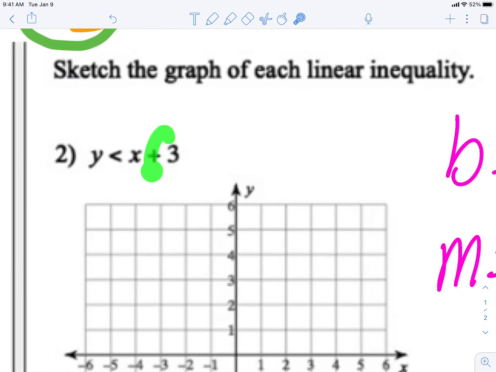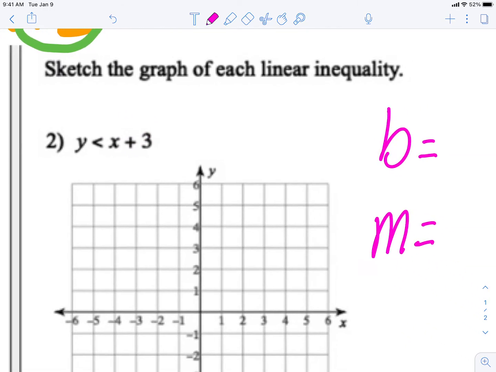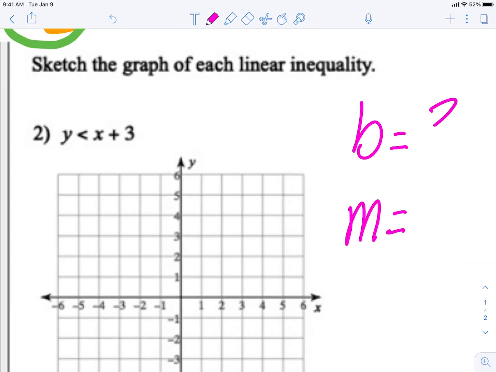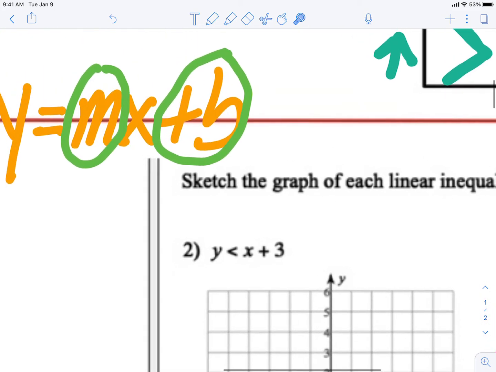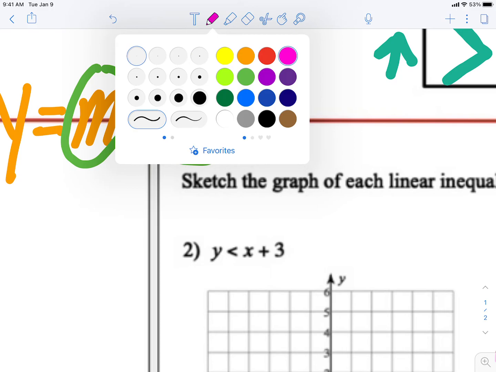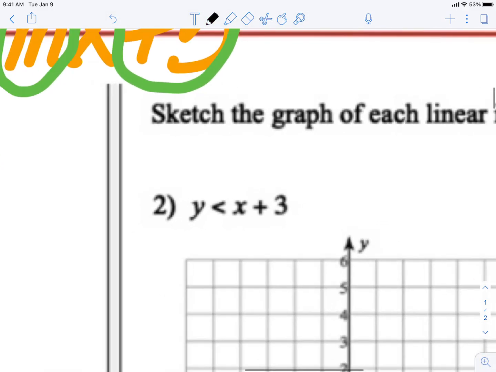So my last number is 3. So b is equal to 3. What is my m? My m is next to x right here. Well, what the heck is next to x there? What invisible number is next to x, everyone? What invisible number is right here?